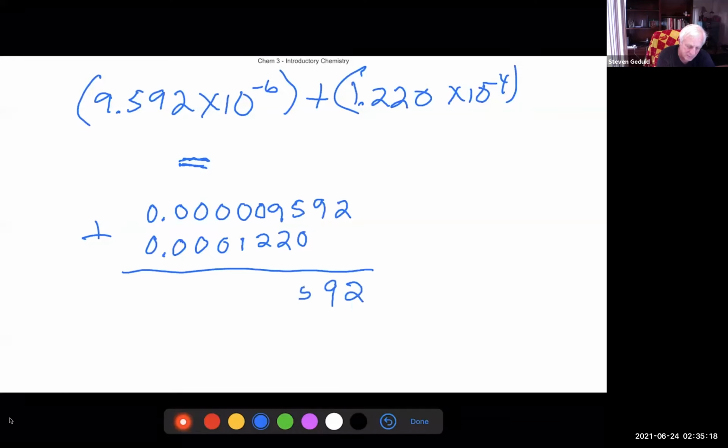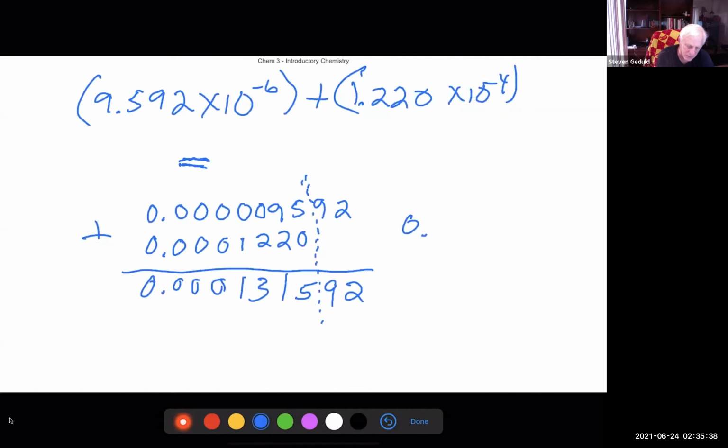Adding them gives 0.000131 and some more digits. We're only good to our least accurate number. So this becomes 0.000131, and the next digit is greater than 5, so this becomes 6.